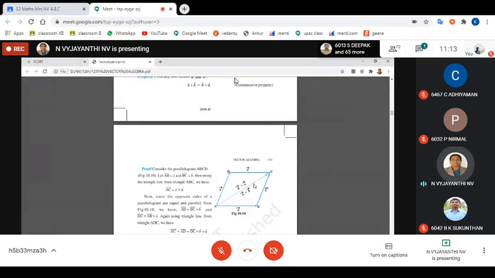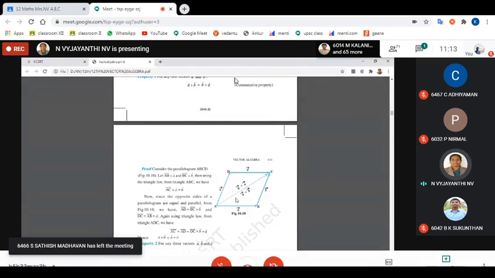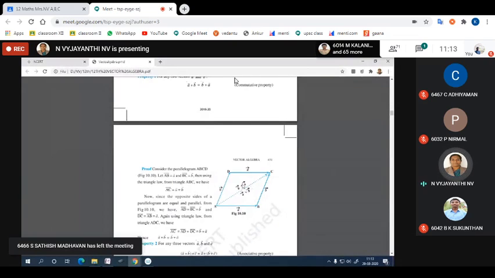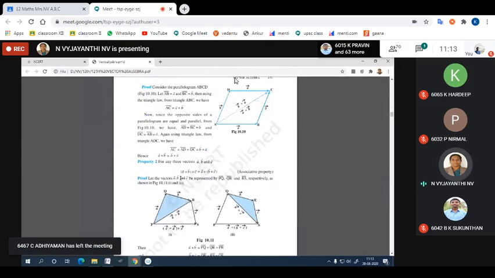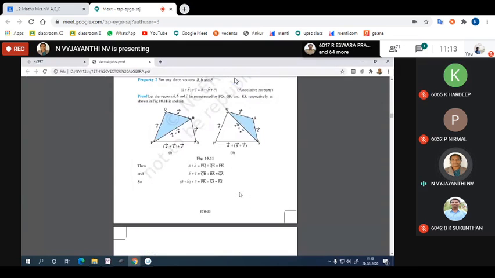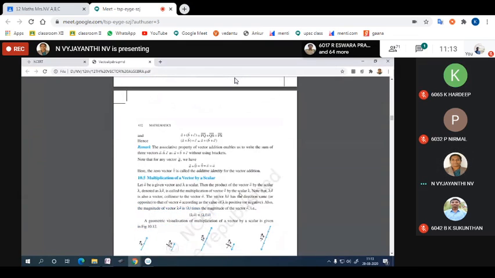So this diagonal represents A vector plus B vector as well as B vector plus A vector. Therefore, commutative property is true. Similarly, associative property: A plus B plus C vector is equal to A vector plus B vector plus C vector. So associative property is also true.